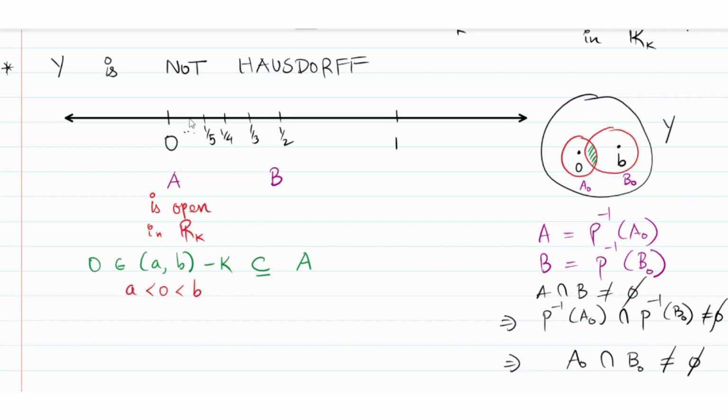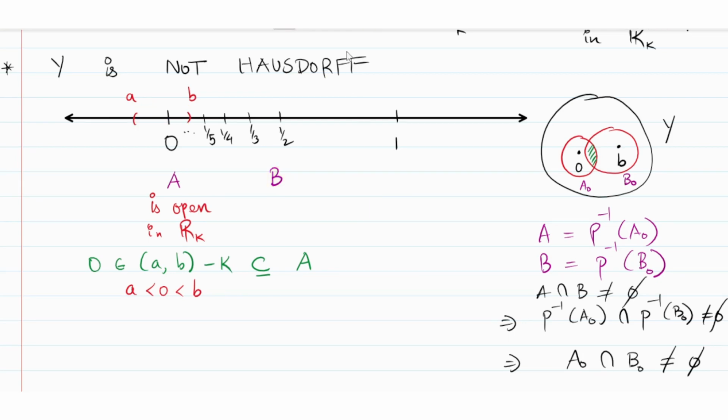So that means let's put b here, and a somewhere here, and you have minus K, right? Obviously the minus K is very important because otherwise there will be intersection of A and B, obviously. Because B, what is B?